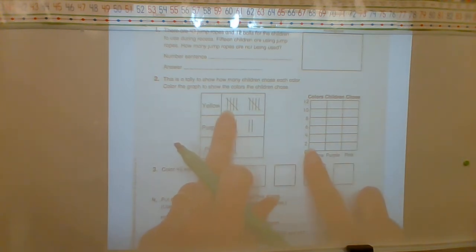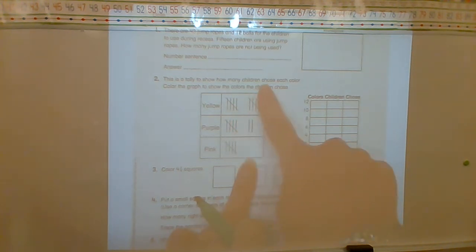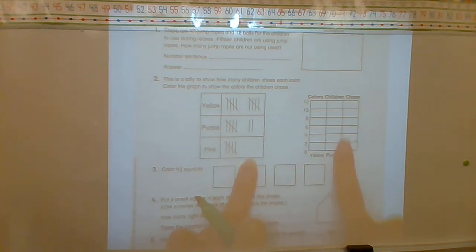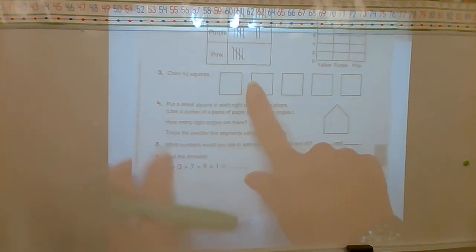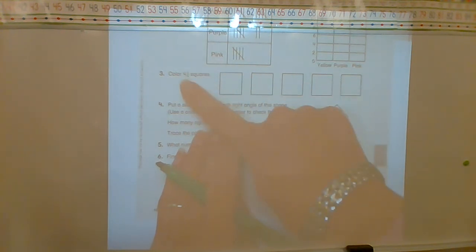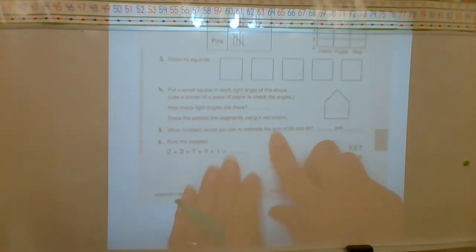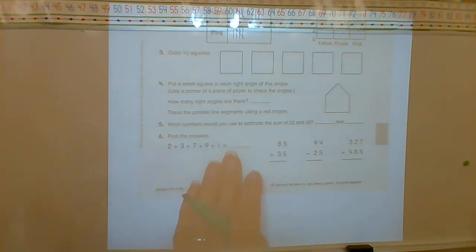Use the tally marks and you can see this graph counts by 2: 0, 2, 4, 6. So you're going to take the tally marks and their information and put them on the graph. Okay, here's a little fraction practice. Oh, maybe those are brownie pans or Rice Krispie treats. How many did you eat? And here is where we're going to talk about right angles on number 4.